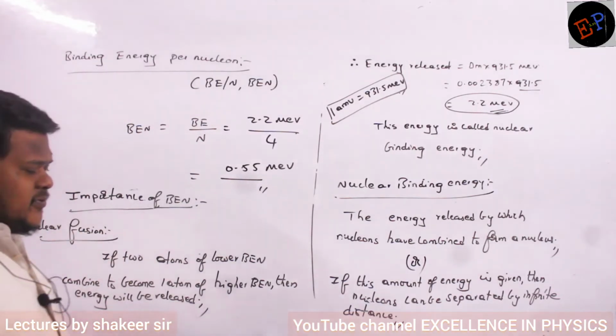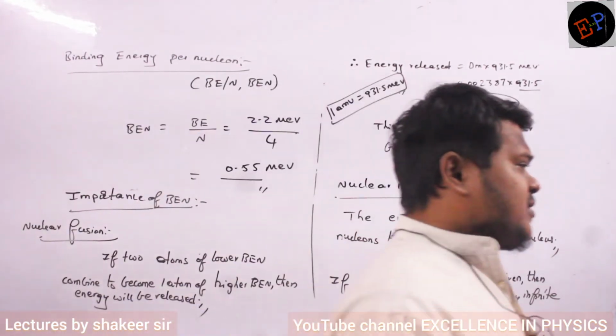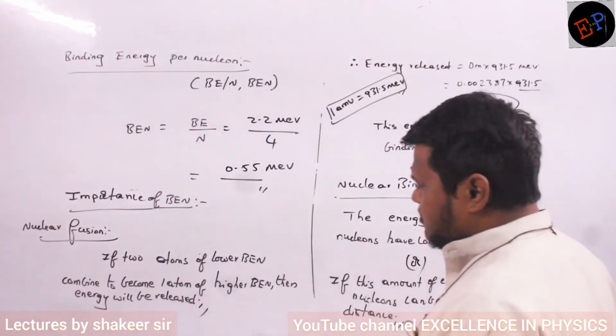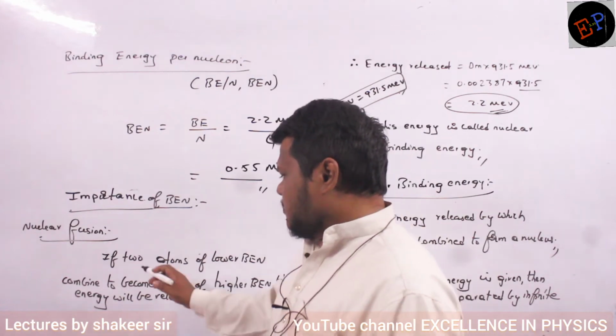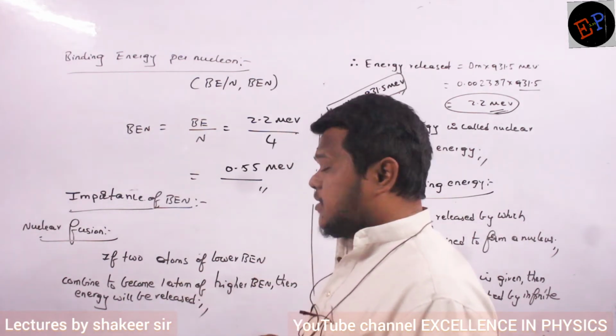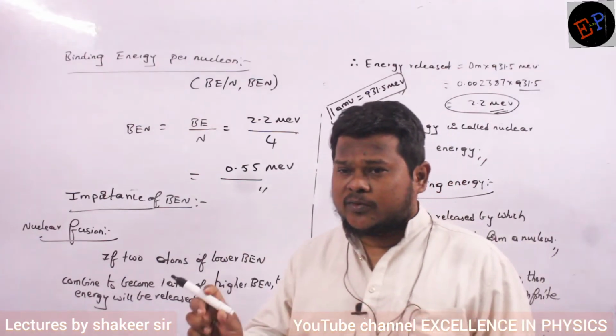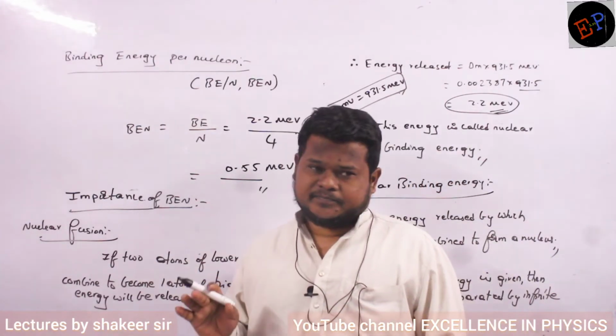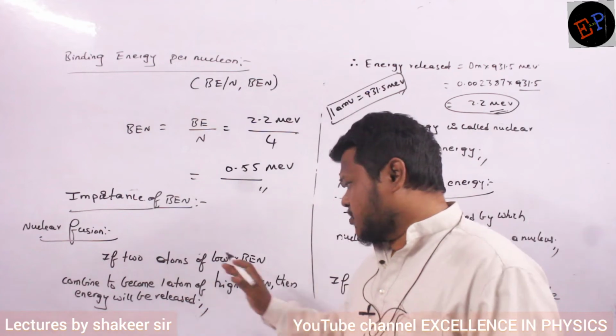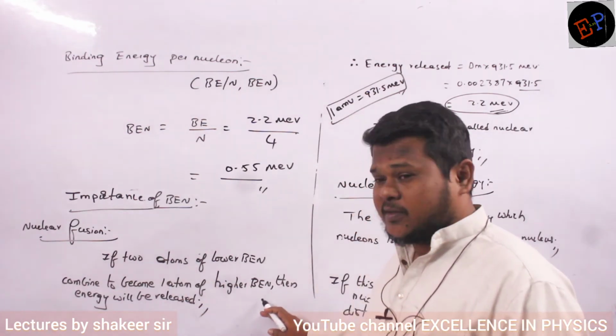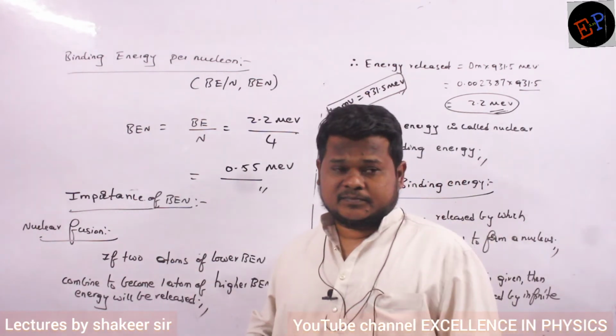So in the nuclear fusion process, in which condition will energy be released? See here. If two atoms of lower BEN, their binding energy per nucleon should be lesser, and such atoms combine to become an atom of higher BEN.